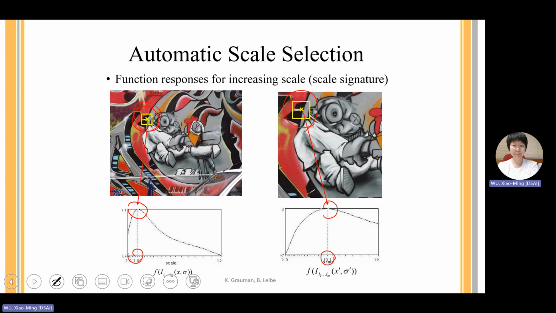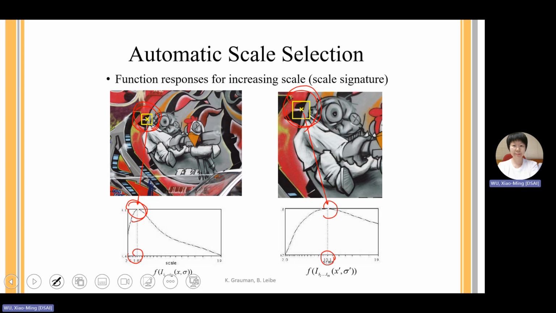For this image, the most appropriate scale for this point is represented by the yellow window. And for the right image, the best scale is also represented by the yellow window.